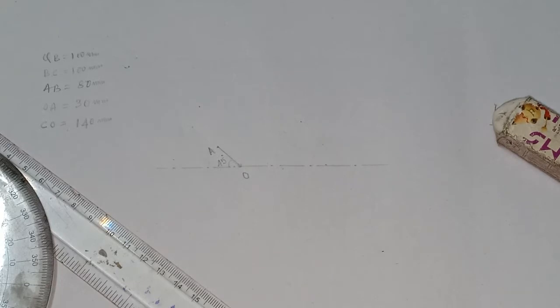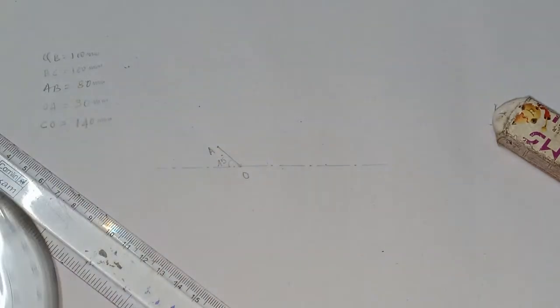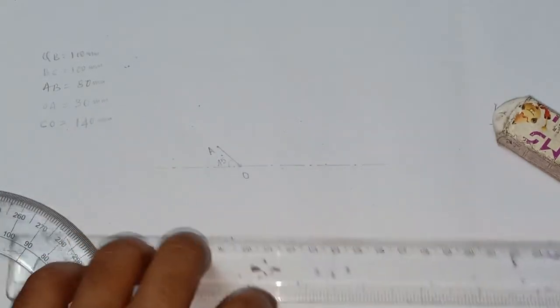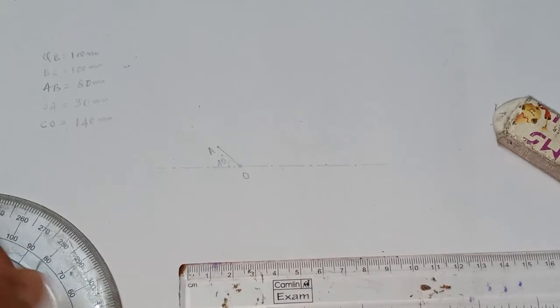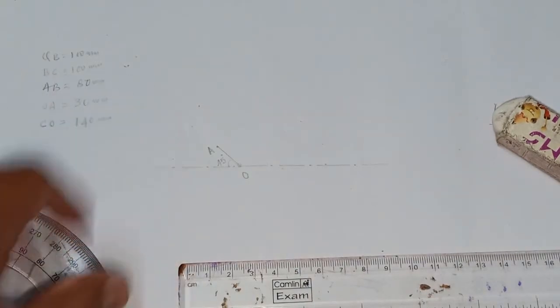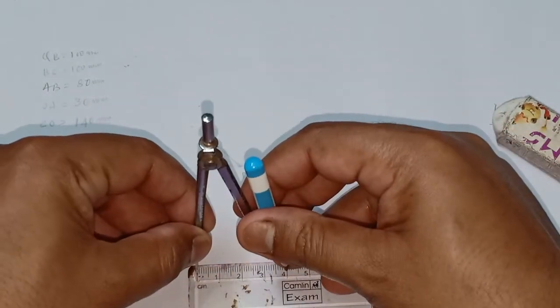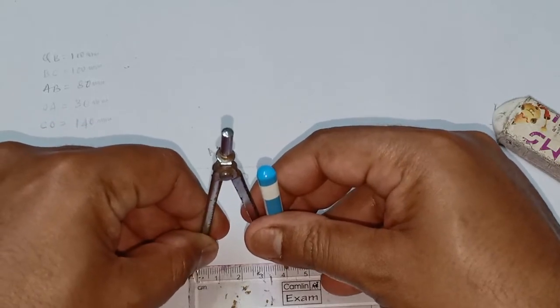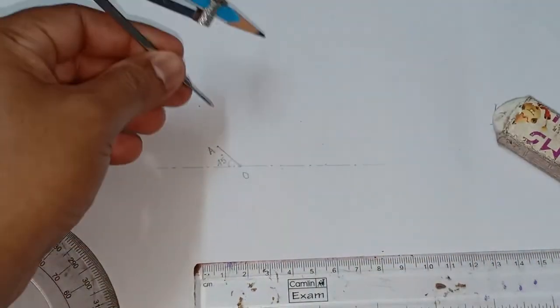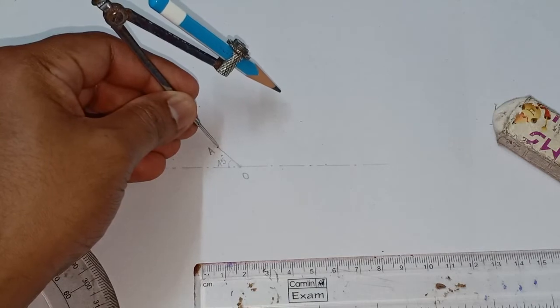Now we need to draw the location of point B, where the connecting rod is connected to the crank. It is provided that AB is 80 mm, so we again reduce it by 50%, and it will be 40 mm.